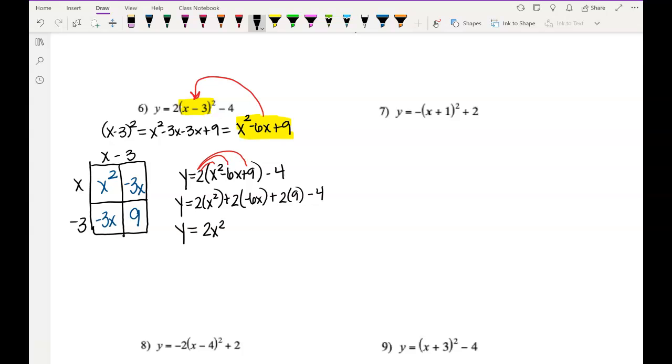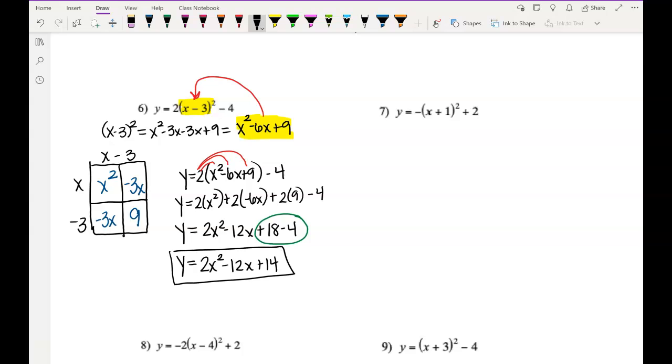So 2x squared minus 12x plus 18 minus 4. Again, there's where we need to combine. We have like terms there at the end. So y equals 2x squared minus 12x plus 14.